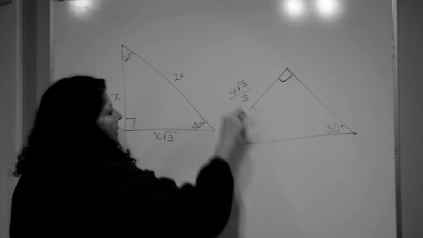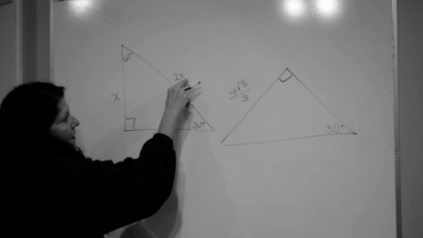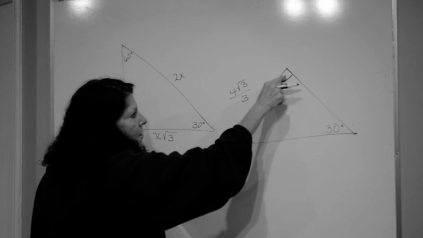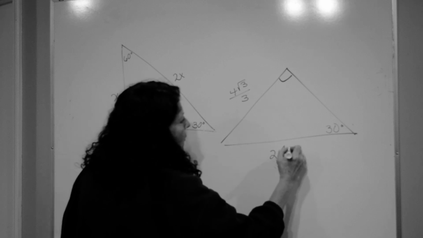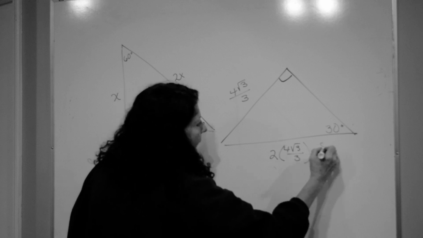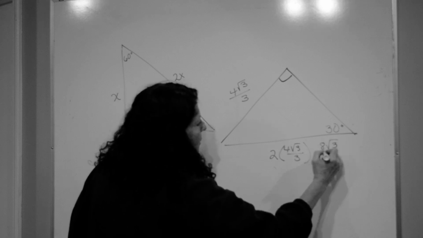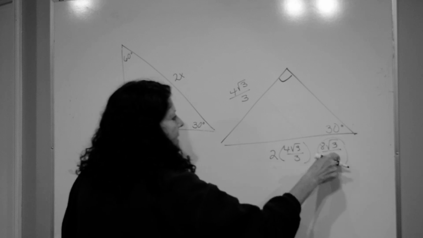So I would take this x and multiply it by 2 to get the hypotenuse, or the side opposite your 90. So 2 times 4 square root of 3 over 3 is going to give me 8 square root of 3 over 3. So that would be that side.